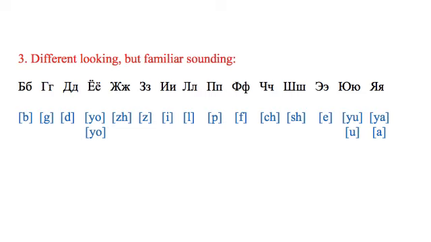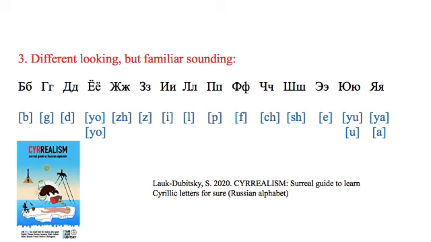Group number 3 includes the letters that look very different, but they denote familiar sounds. The images created by Stanislav Lauk-Dubitsky may be very helpful for memorizing these letters.